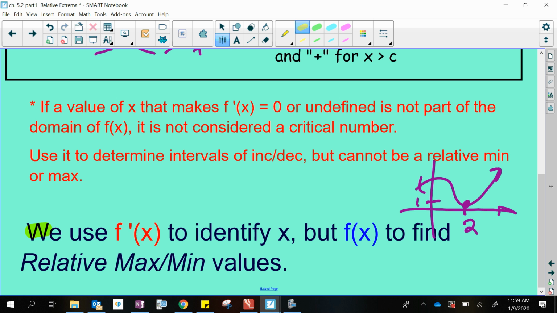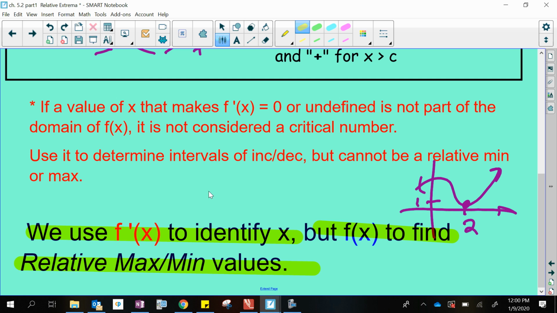We use the derivative to find our x values, to find the critical numbers, but to answer the question about how high or low a function goes, that's a bad choice. To find out how high or low a function goes, you've got to plug it back into the actual original function. Okay?